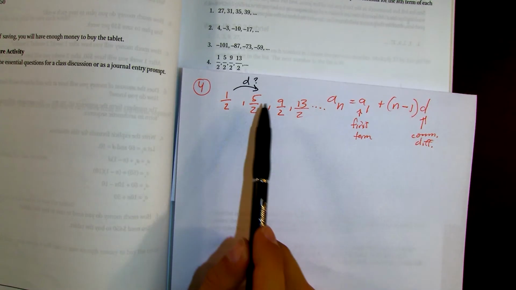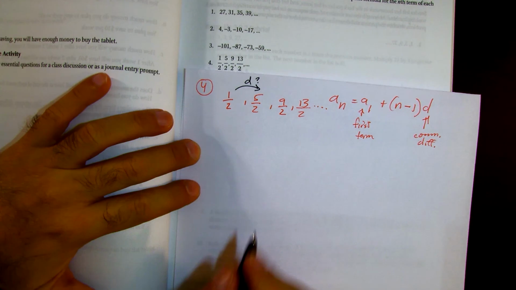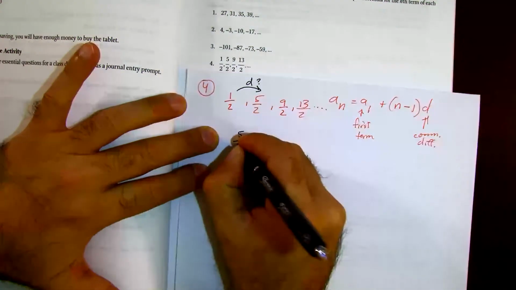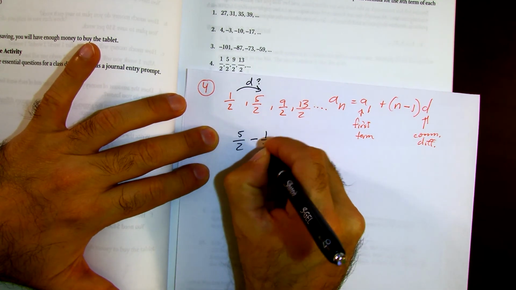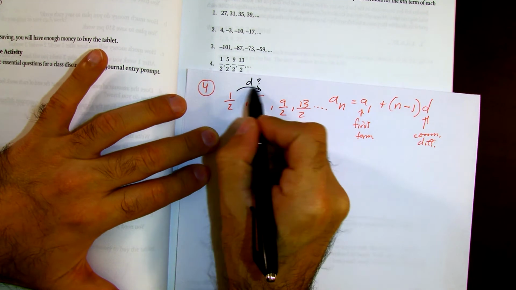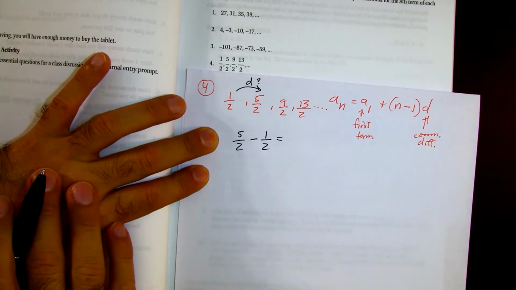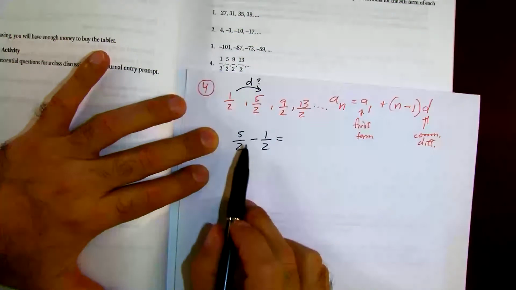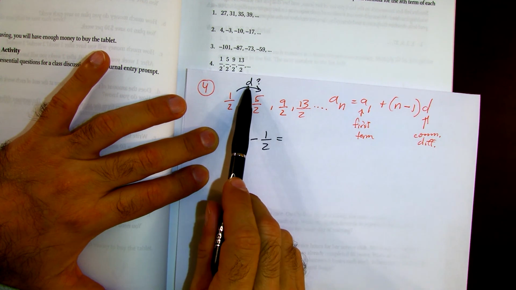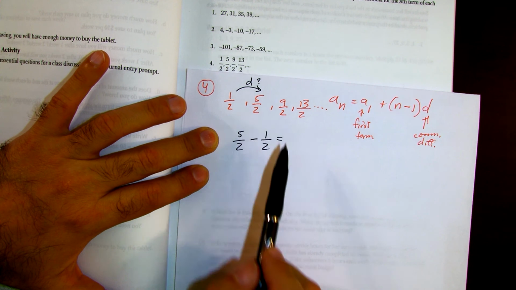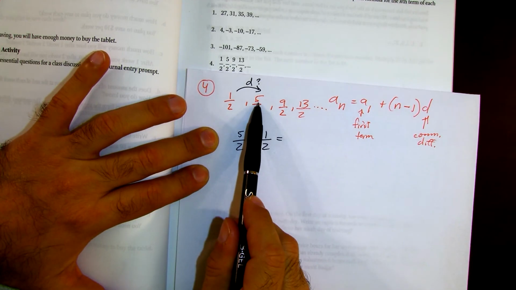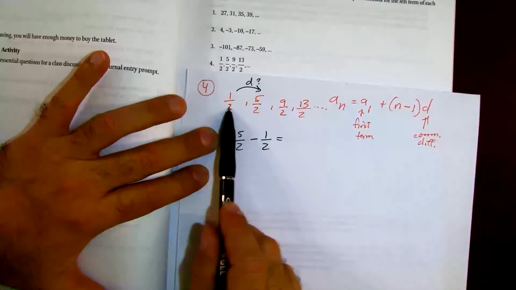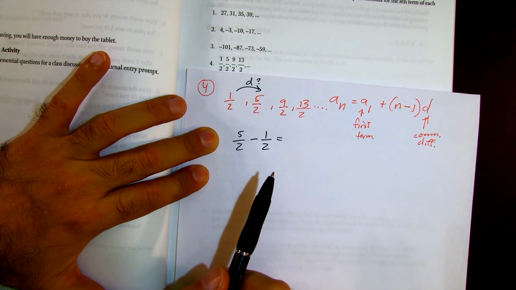But here we have fractions. So we better take 5 halves and subtract 1/2 to see what that gap is. How did you go from 1/2 to 5 halves? To find the D, the common difference, we subtract the prior one from the next one to see how much you grew or shrunk. Yeah, Marco.